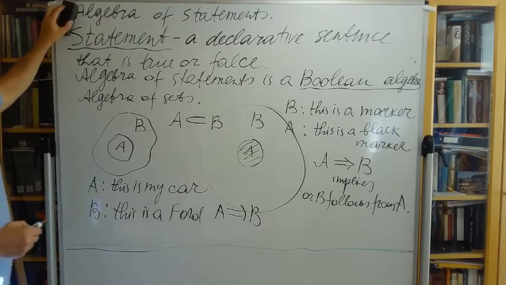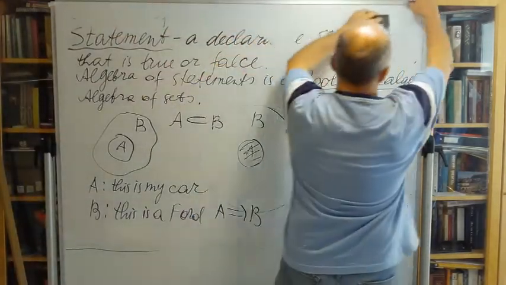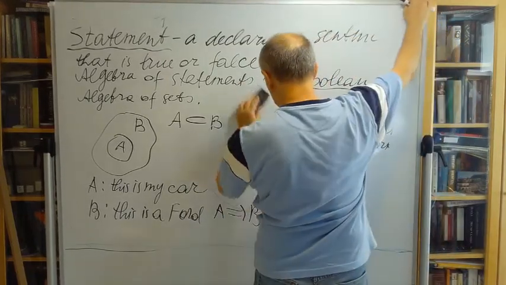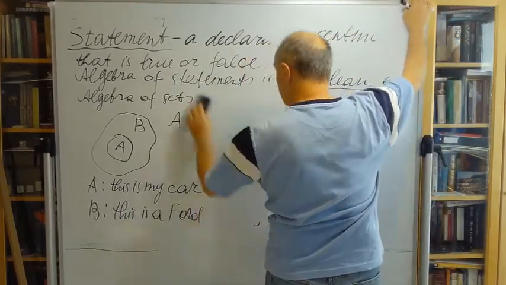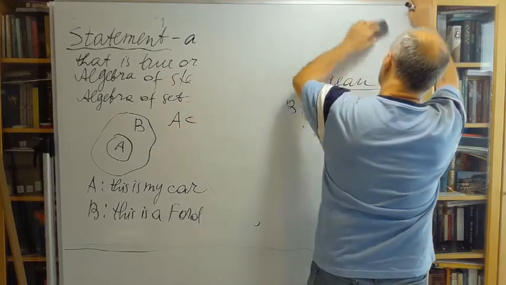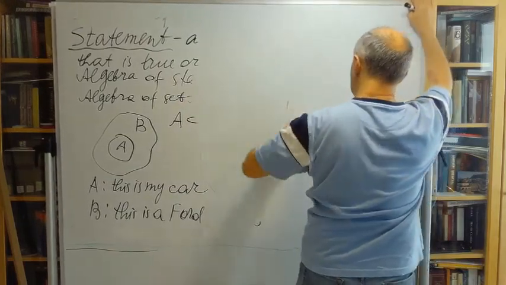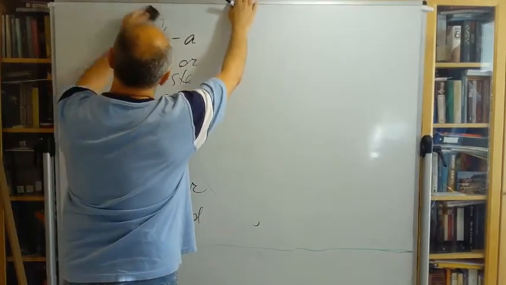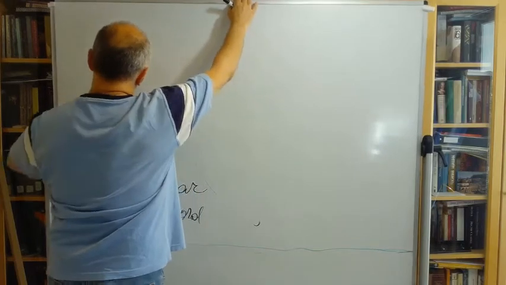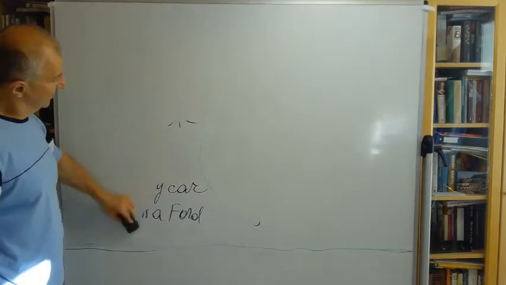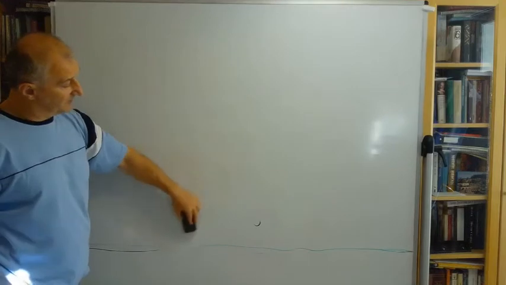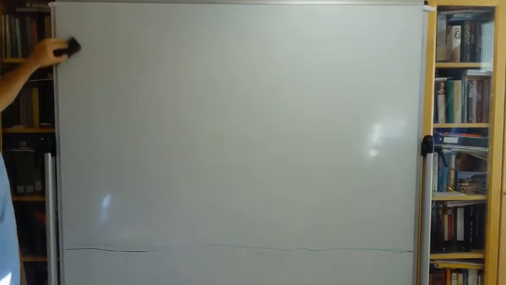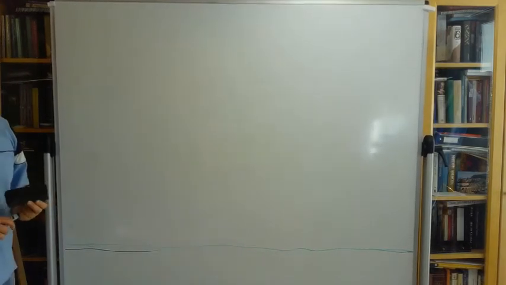What else do we have for sets? I will show you the complete analogy, because the algebra of statements is exactly the same algebra as the algebra of sets. Also, those of you who study statistics and probabilities in more detail know that the algebra of probabilities is also a Boolean algebra.